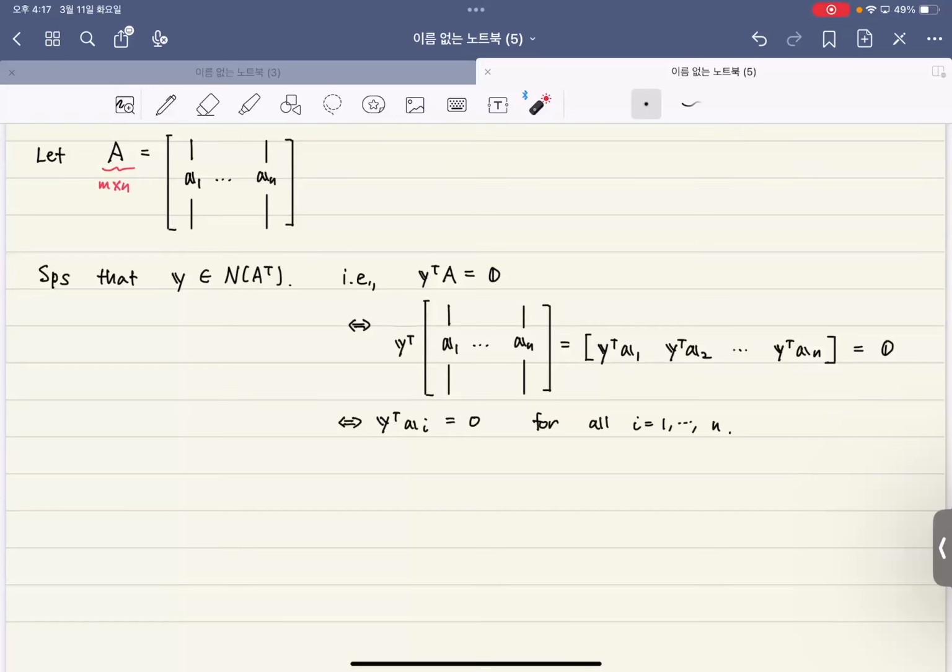Therefore, in this sense, I tend to say that the entire left null space is orthogonal to the entire column space of A. I am not talking about just two vectors, but about two subspaces being orthogonal to each other.